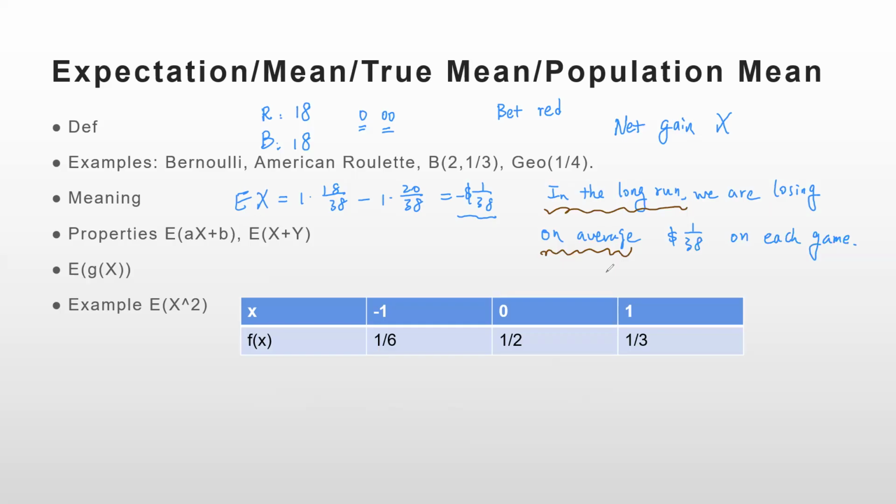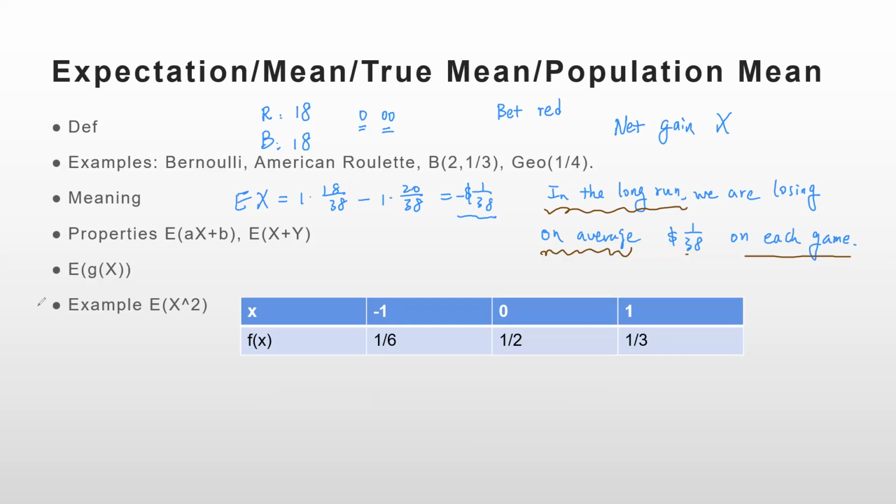On a particular game, either you lose $1 or you gain $1. You will never lose 5 cents on an individual game. So it's on average, and this number is on each game. So in the long run, we're going to lose so much money on average on each game. That's exactly the meaning of this expectation under these circumstances.